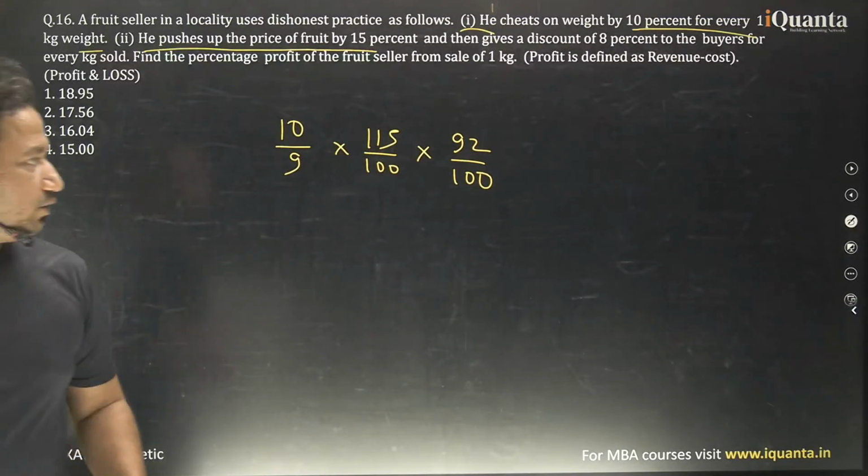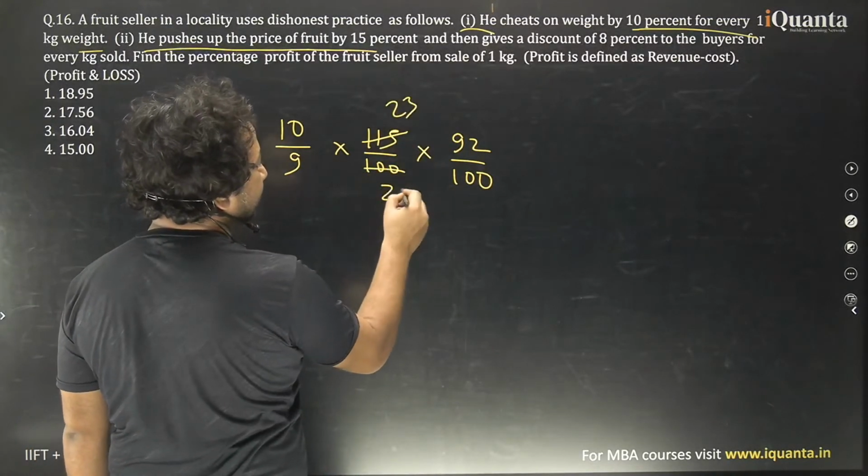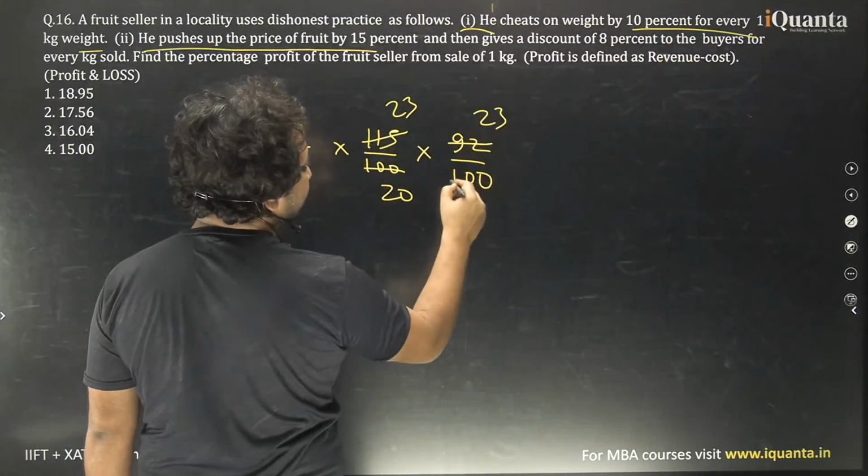Right? Cool. This can be written as 23 by 20 and this as 23 by 25.